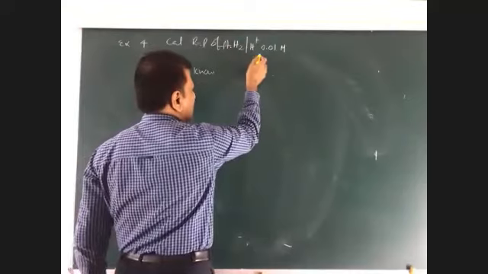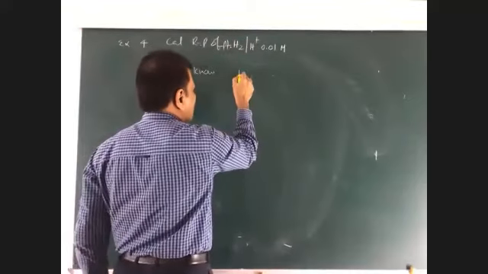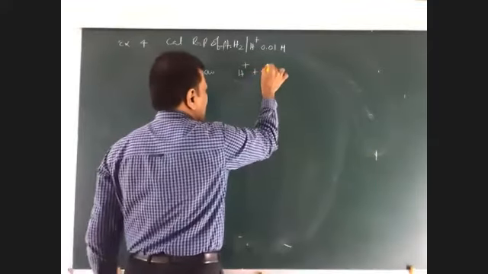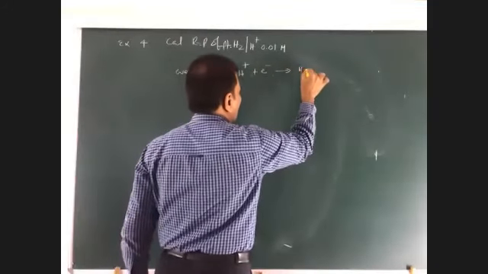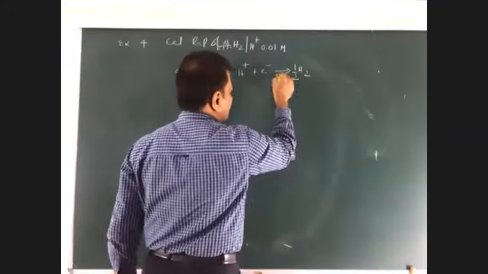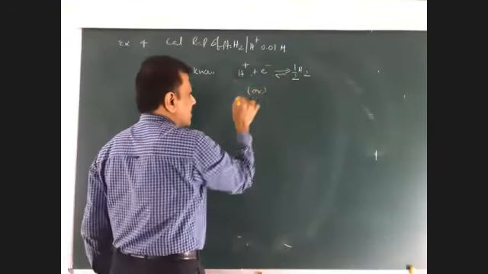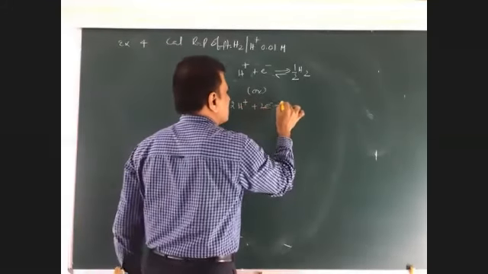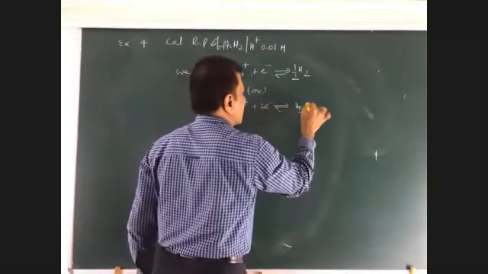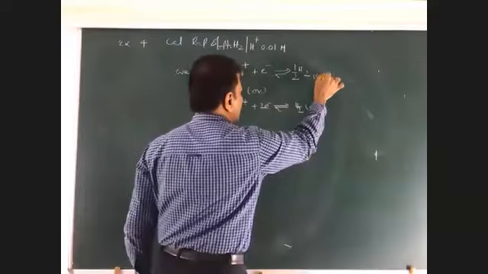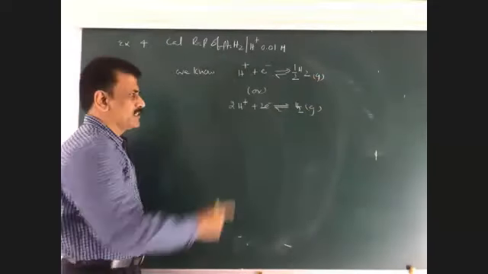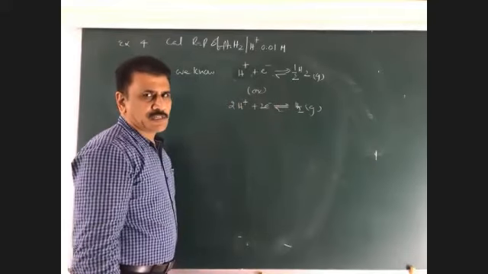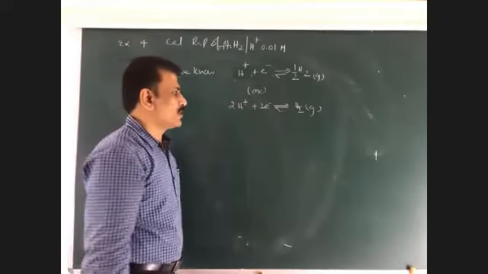This is only one electrode. We have to calculate the reduction potential. So to calculate reduction potential, H plus plus electron changes to H2. Or you take it like this: 2H plus plus 2 electrons changes to H2 gas. This is the reduction equation. Plus 2, 0, reduction.